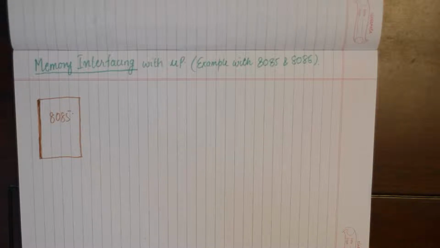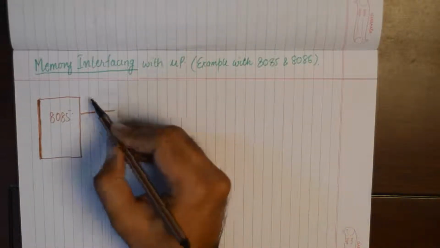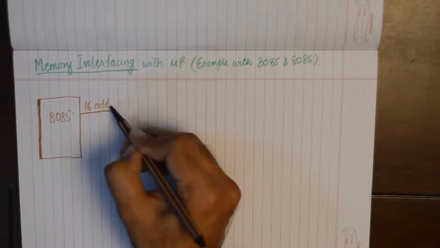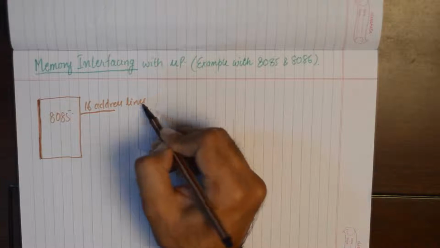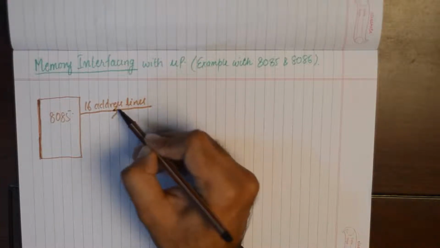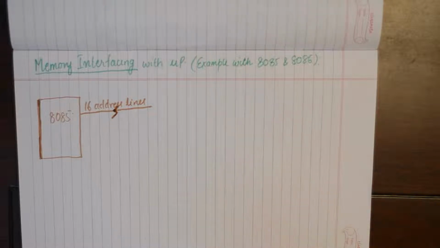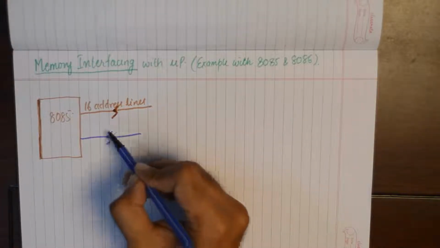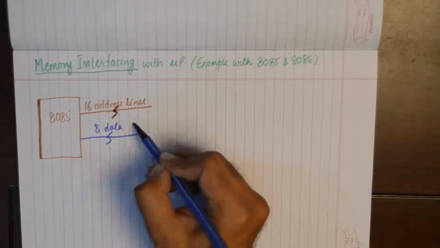I assume that you know the pinout diagram of the 8085 and you know that address and data lines are multiplexed, but the fact of the matter is there are 16 address lines, and a group of lines is represented by putting up this lightning symbol, and it has 8 data lines.